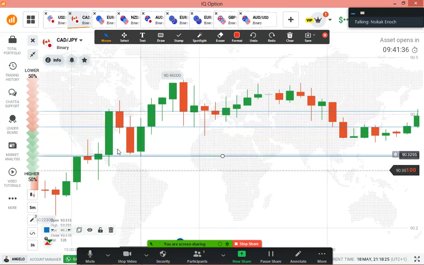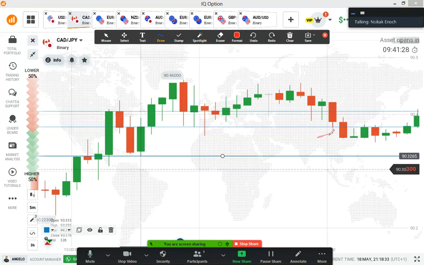Make sure that you include the wick. The reason you always include the wick is that if there's a strong momentum, the market might not reverse immediately. It is only after you touch the wick that it can reverse. And we always include the wick to know if there's a breakout.